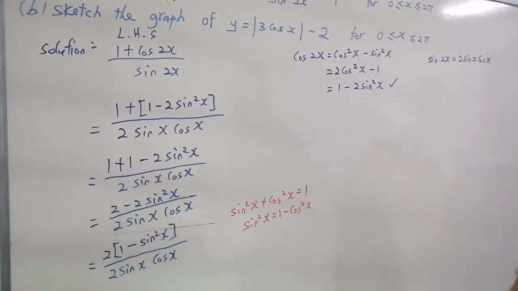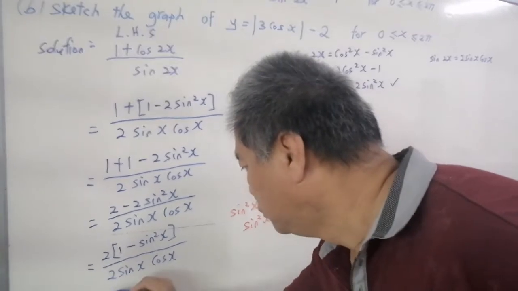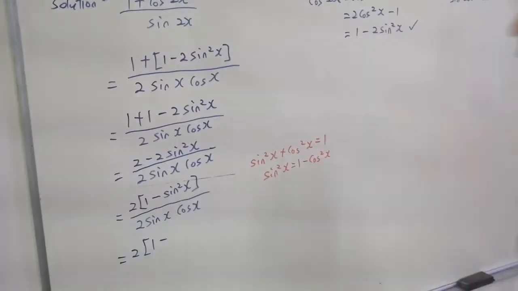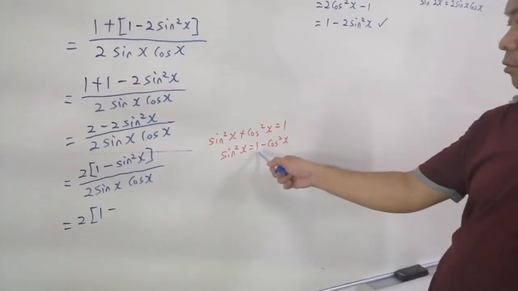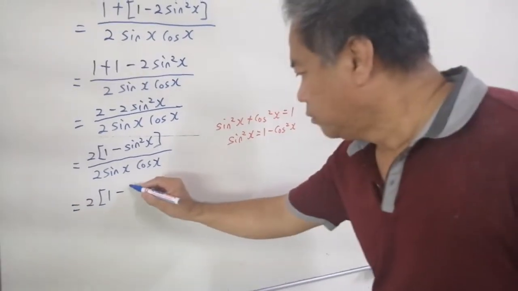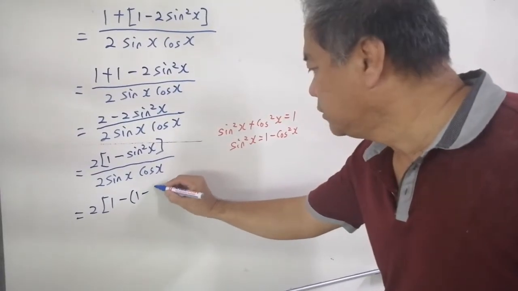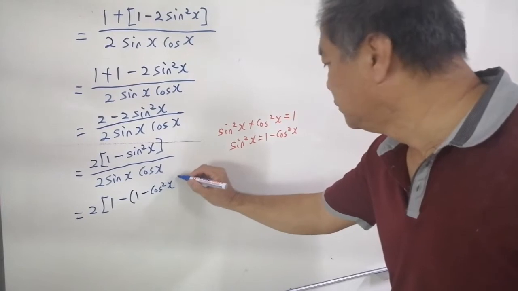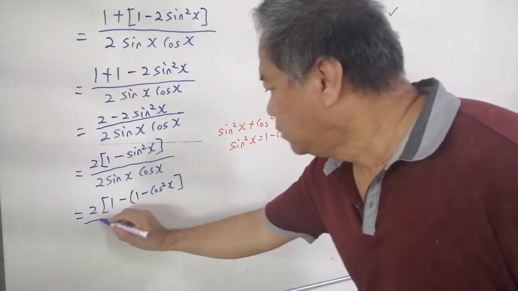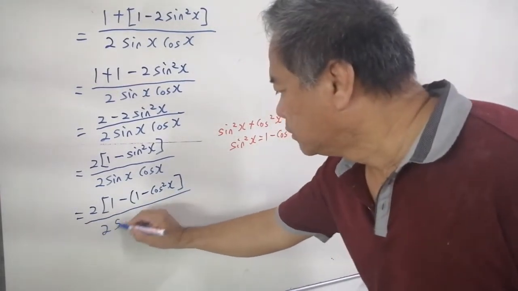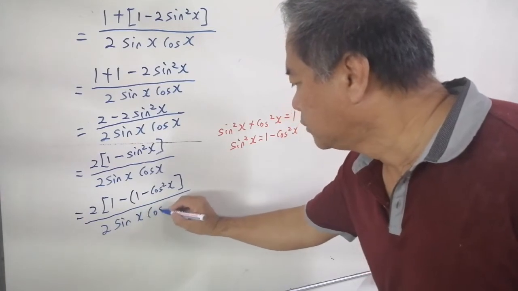Then substitute in: 1 minus (1 minus cos square x) over 2 sin x cos x.